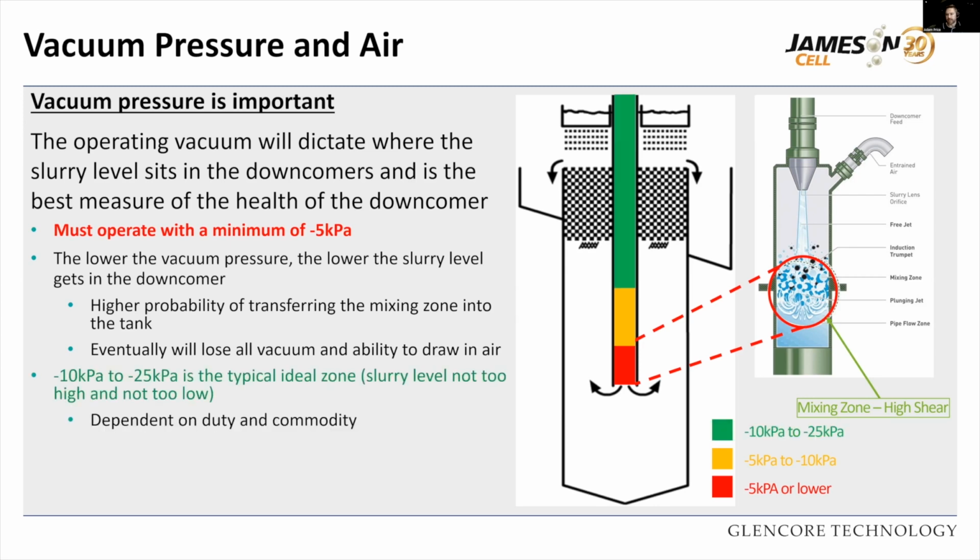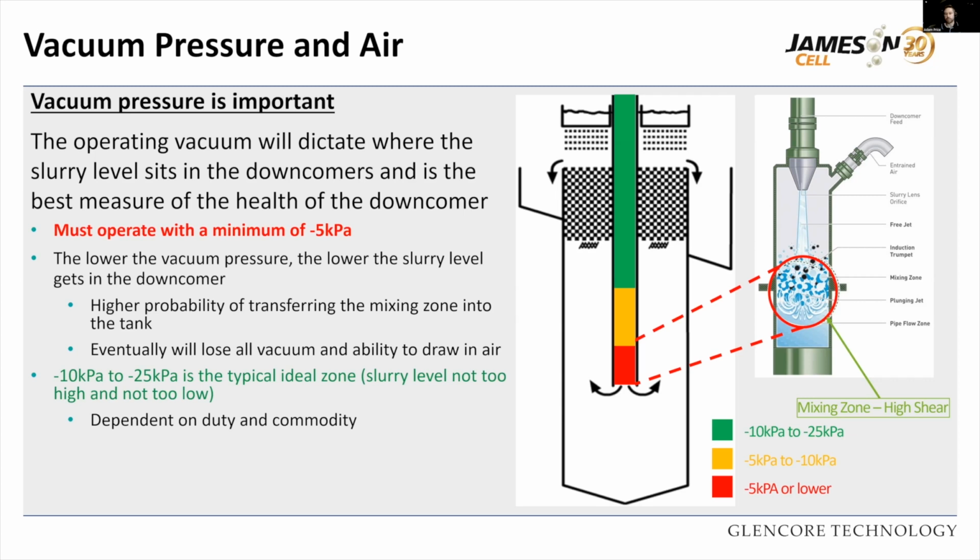Anything above that 10 kPa is basically fine for operation, and it should be in a good scenario for maintaining that mixing zone within the downcomer.